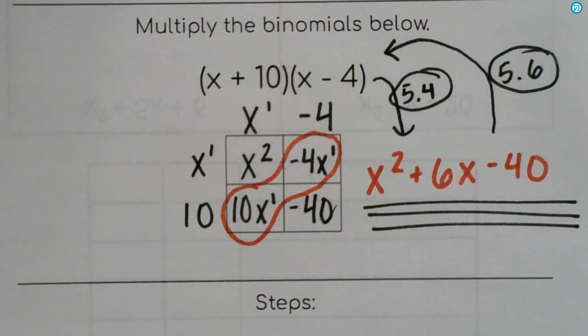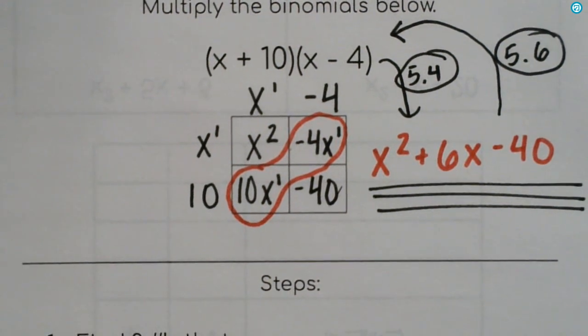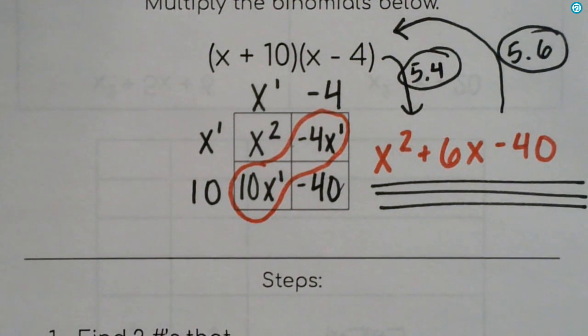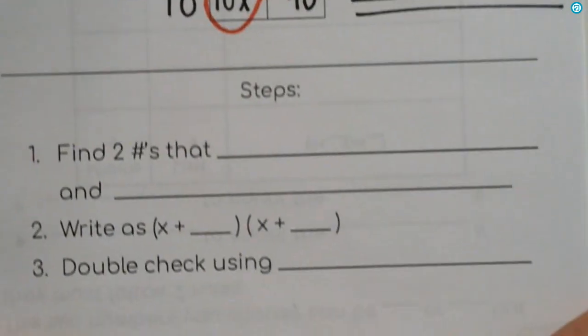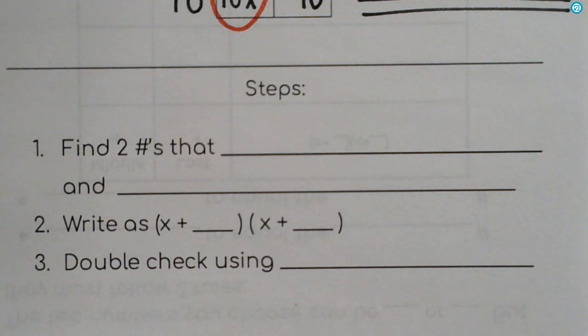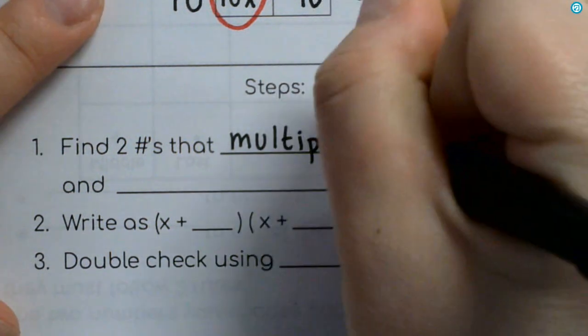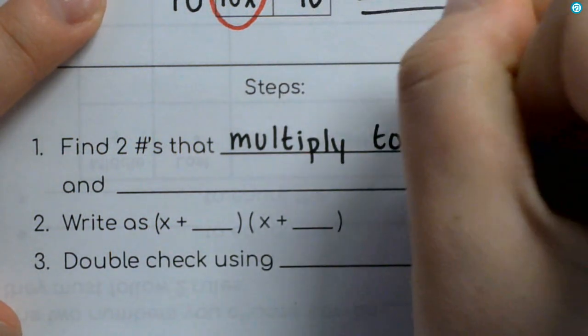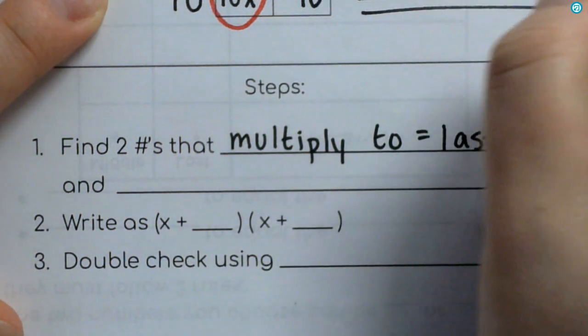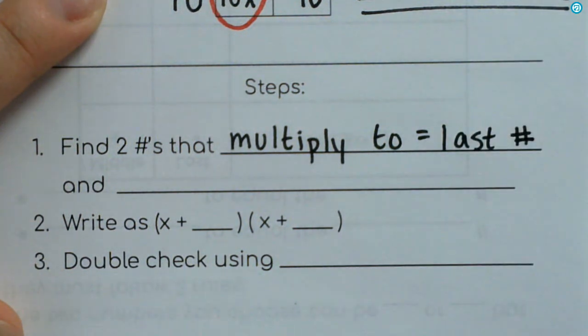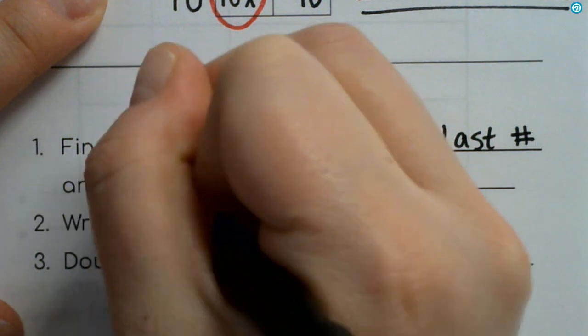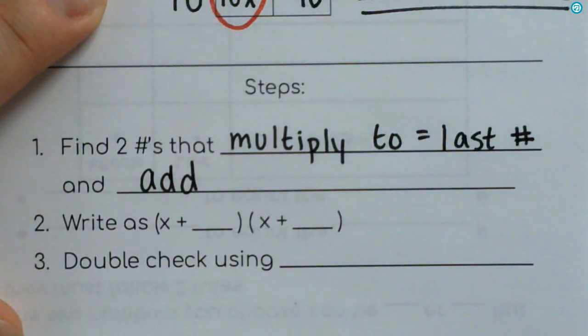Okay, so here are your steps put into words for you. We need to find two numbers that multiply to equal the last number, and they need to add together to equal the middle number.